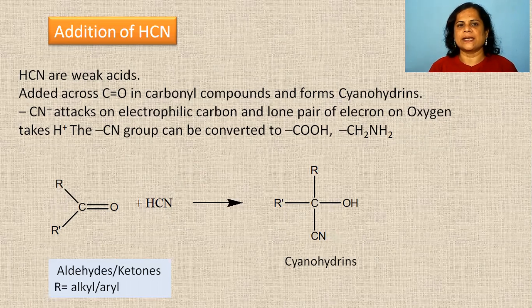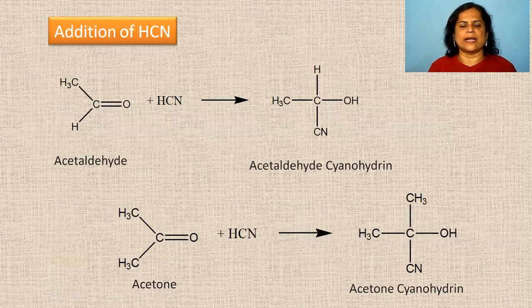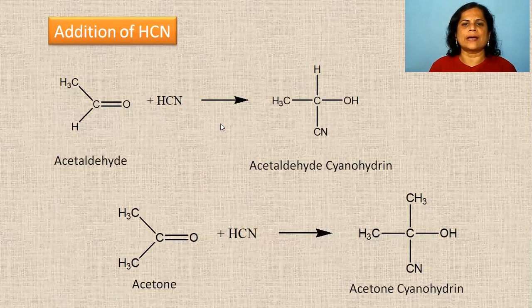So this is the reaction when a carbonyl compound reacts with hydrogen cyanide: formation of cyanohydrin. CN forms the bond with the carbonyl carbon and H plus is with the carbonyl oxygen. When acetaldehyde reacts with HCN, there is formation of acetaldehyde cyanohydrin.